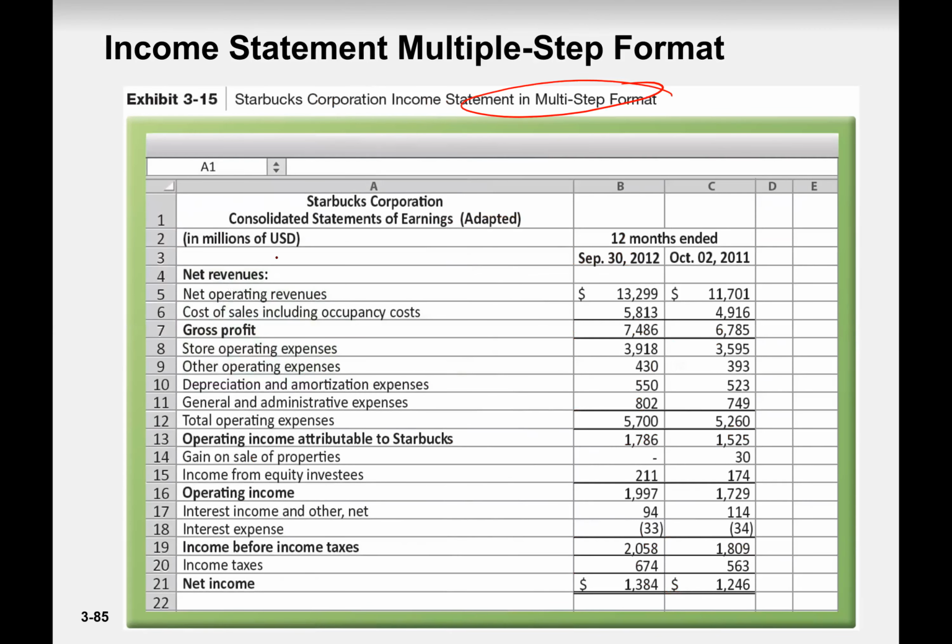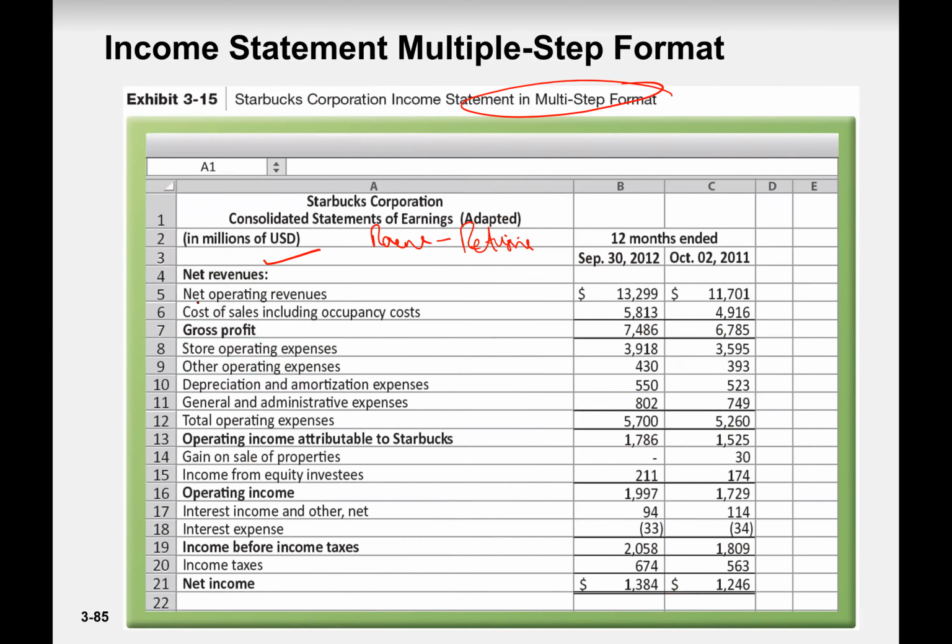Here, net revenue. Net revenue means all kinds of revenues. How do we get the net revenues? All revenue, for example, interest revenue, service revenue, product revenue, we add all of it and subtract returns. Any kind of return, right? So that's why we call this net revenue.